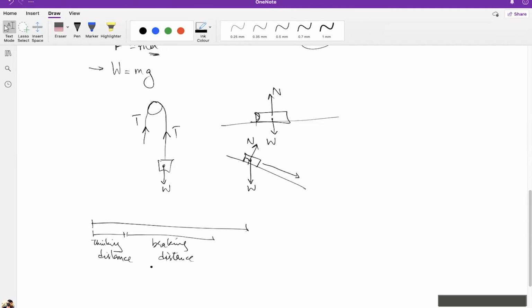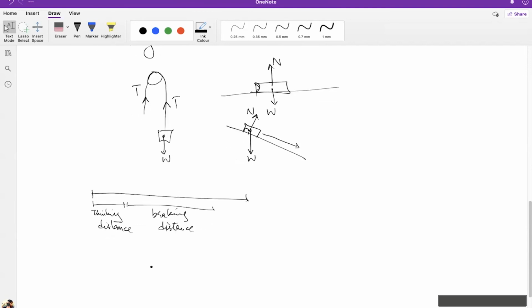So it does travel a certain distance, and you might think that it doesn't really matter, but in a practical situation when the speeds are high, it does matter. So even if you take, let's suppose, half a second to do that, you will be moving quite a large distance. So can you calculate this?